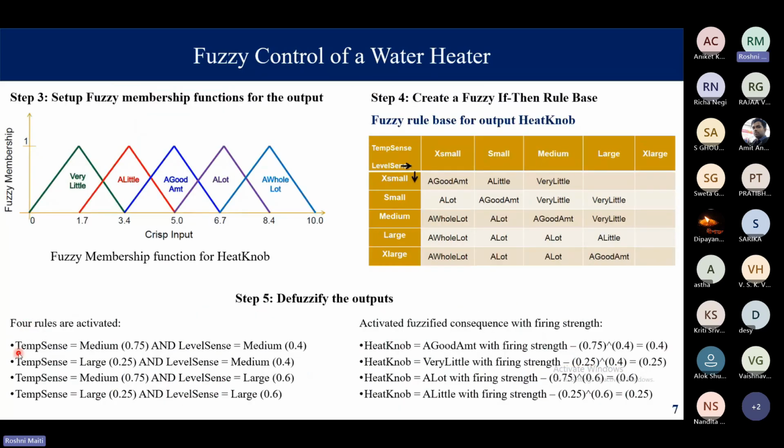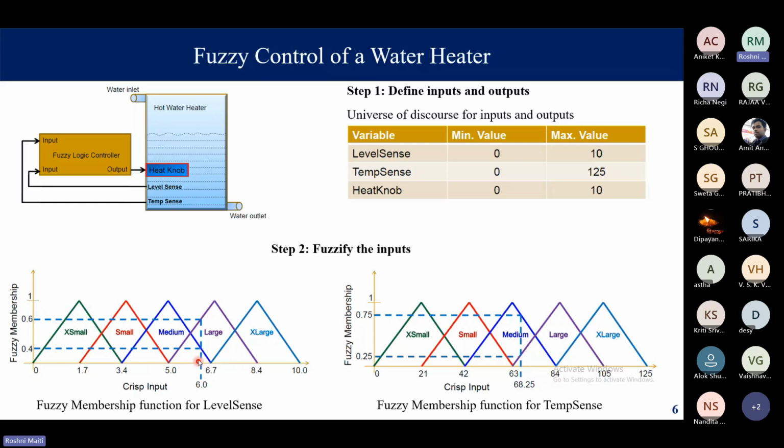Now we will have 4 combinations for the temperature sensor, that is for medium 0.75. Here we can see this line is cutting the medium with 0.75 and it is cutting this large membership function with 0.25.